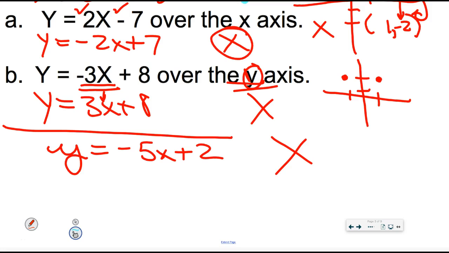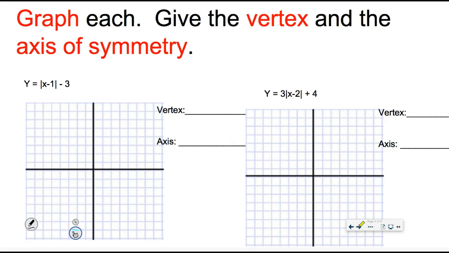If it says the y-axis, then what are you going to write? 5x plus 2. So for the x-axis, you take the opposite of both of them. Think of those as being two negative signs. For the y-axis, just the opposite of the first term. What do you think? Got it? We're nodding. All right. Moving right along here.